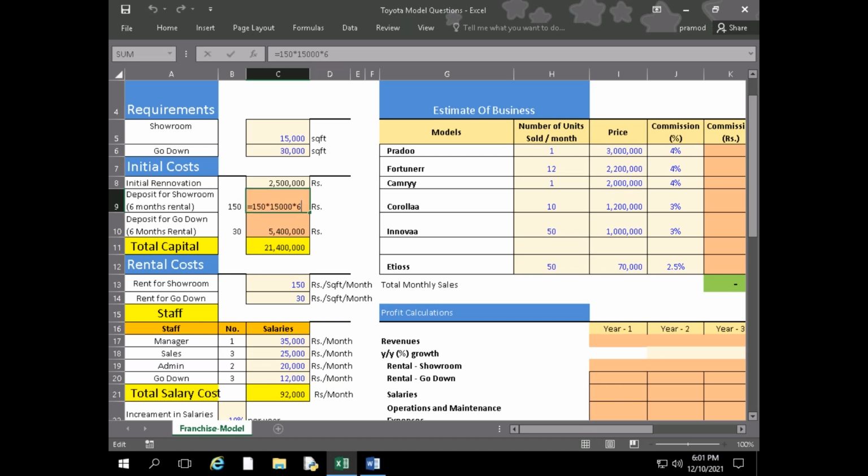See, what for? Your voice is breaking. So 150 into that 15,000 square feet into 6 months.